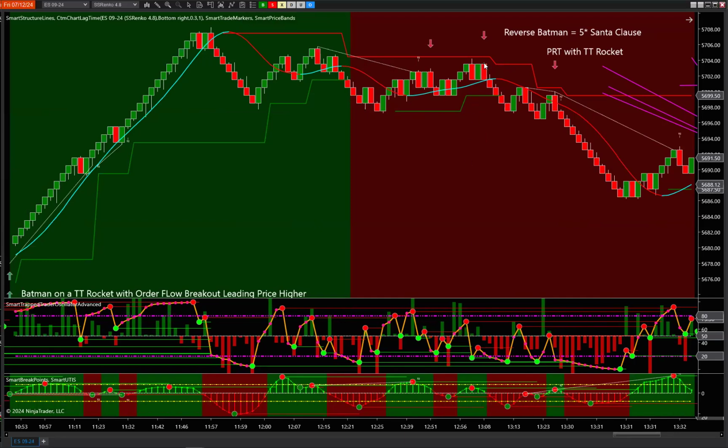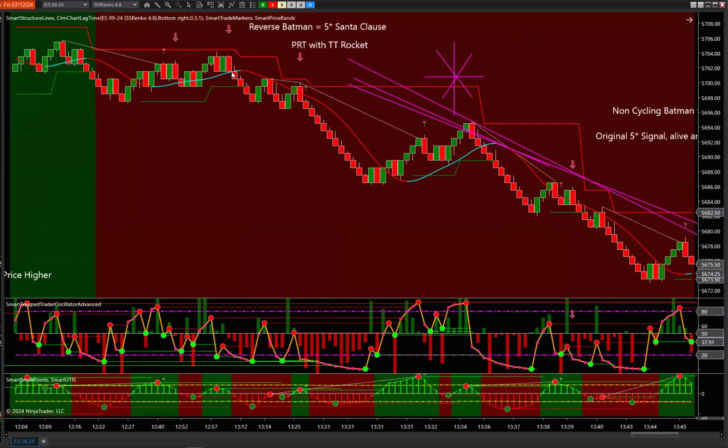Now, the price bar doesn't break through anything, right? But the order flow read breaks through everything. And since order flow leads price, we would not anticipate price moving until order flow is confirmed, and away it goes.